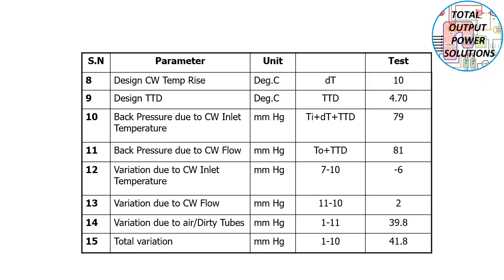All these are calculated parameters. So you can see here the variation due to dirty tubes. In this case, it is coming out to be around 39.8 millimeters of Hg, much more, like 40 millimeters of Hg you are losing because of dirty tubes.